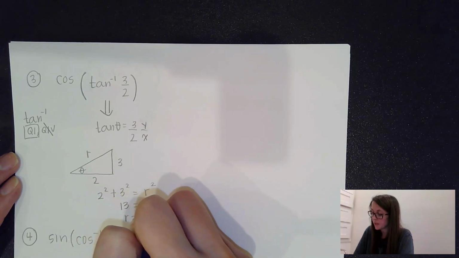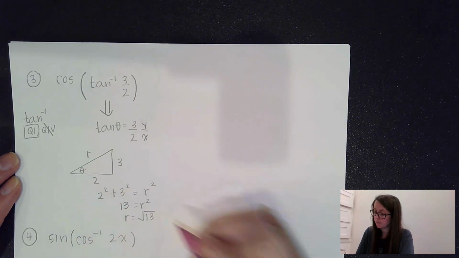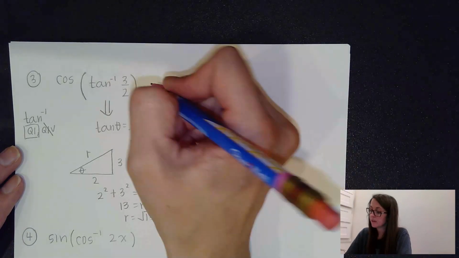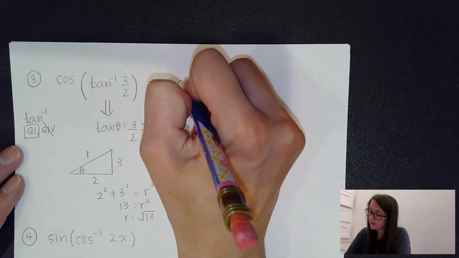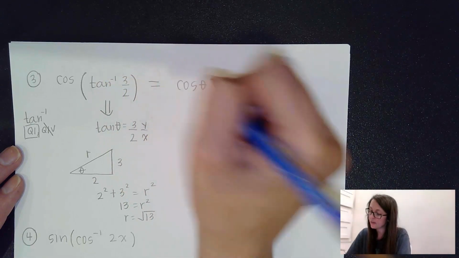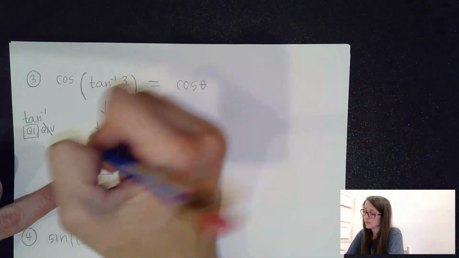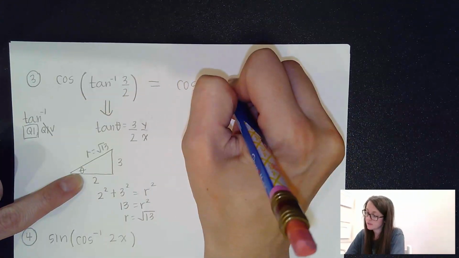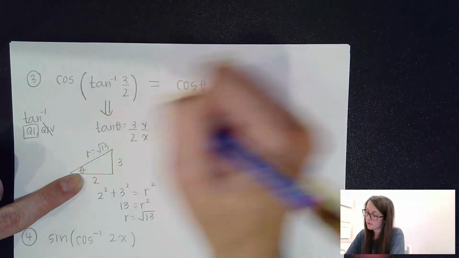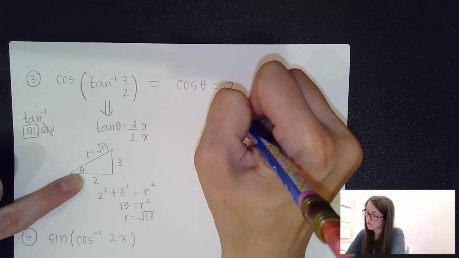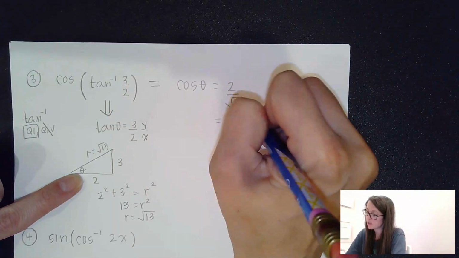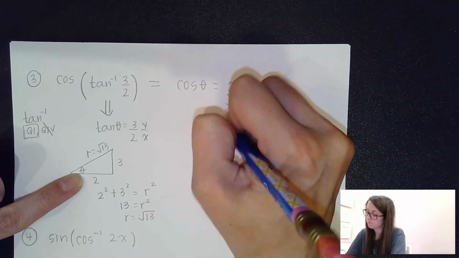So r is going to be the square root of 13. Okay? So now what I want to find is cosine of that angle. So cosine of this angle is going to be x over r. Going to rationalize the denominator, so it'll be 2 square roots of 13 over 13.